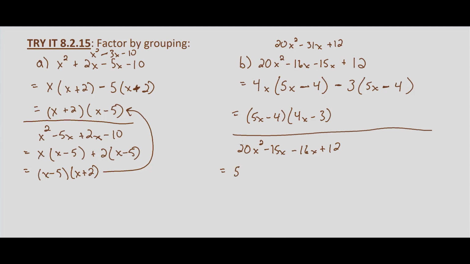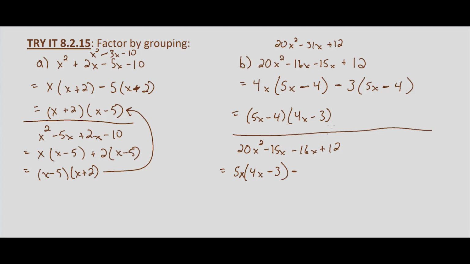This is 5 times 4 is 20, and 3 times 5 is 15. So this is going to be times 4. What's the greatest common factor of the x terms? That's going to be x, so I need to put that out here as well. And then 5x times 4x equals 20x squared. And then minus 5x times 3 ends up being negative 15x.